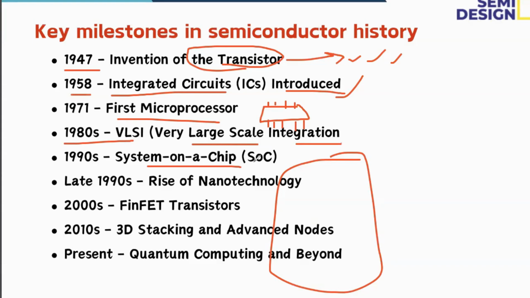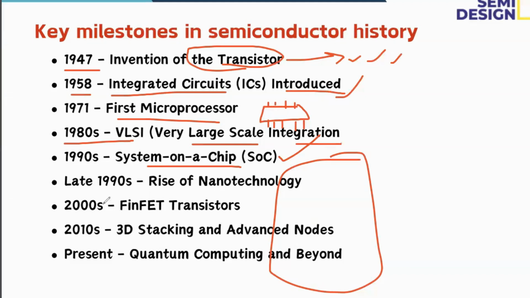Whereas system on chip is a very advanced technology in the semiconductor industry. By using system on chip, we can integrate the entire system, every block, whether it is a CPU, memory unit, graphic processor unit, or any type of ports, on a single chip. Currently, whatever you see in laptops, Mac or any laptop, and mobile phones, all contain a system on chip.